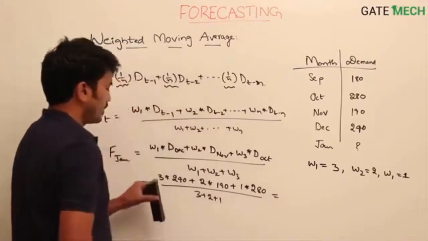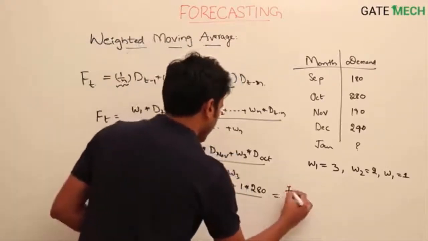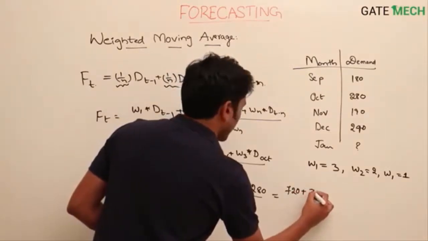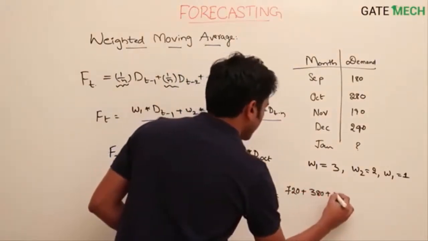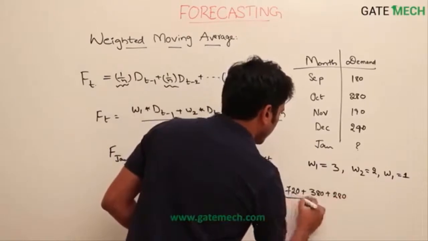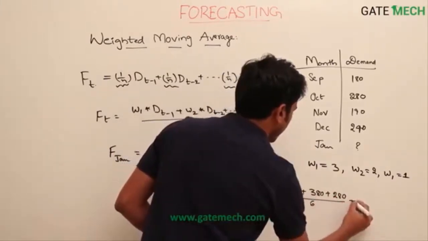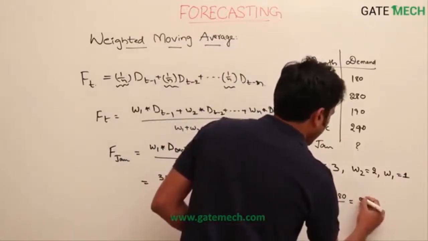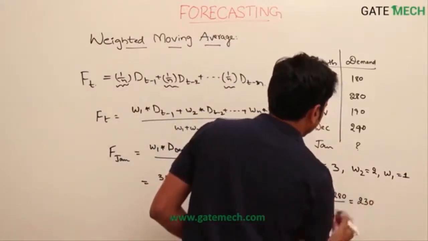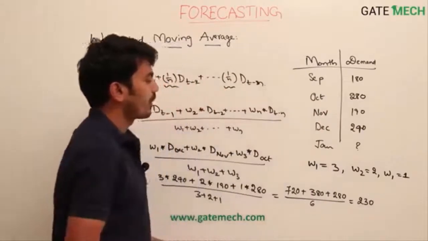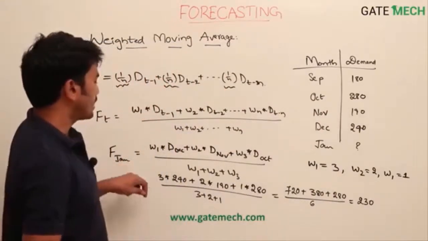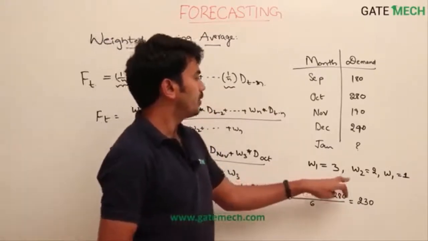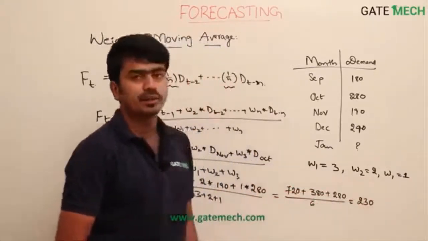So this comes to 720 plus 380 plus 280, by 6, which comes to 230. So the forecast for Jan is 230 using the 3-month weighted moving average method.